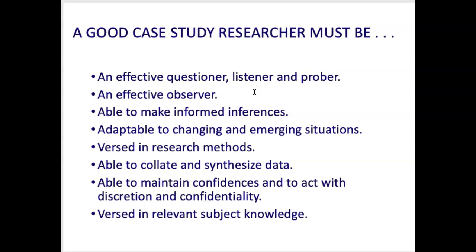If you're a good observer, usually you keep a diary, or you might keep audible messages on your phone all of the time for yourself, so that you're constantly watching and thinking and picking up evidence, okay? You need to be able to make informed inferences, understand why people are behaving a certain way. You need to be adaptable to changing ideas. You need to have a good idea of research methods. So if you're using things like surveys or interviews, you need to make sure that you're using them properly and that you're not biasing all of the results.